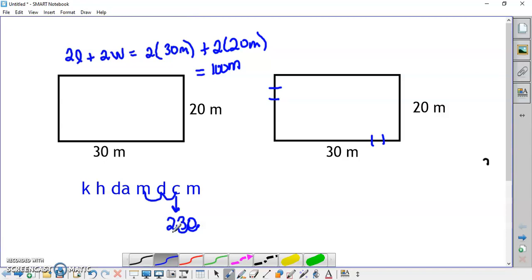This will give us 2.3 meters as the length of each gate in meters. Since I have 2 gates, 2.3 meters plus another 2.3 meters equals 4.6 meters.